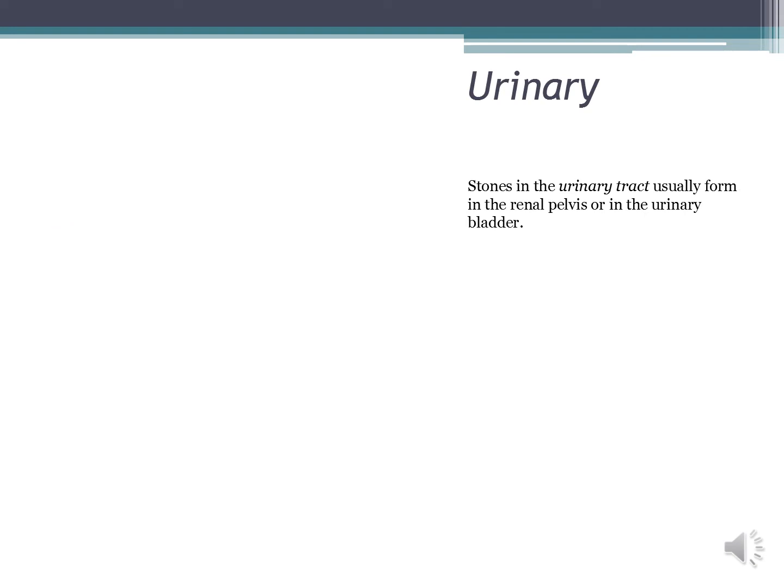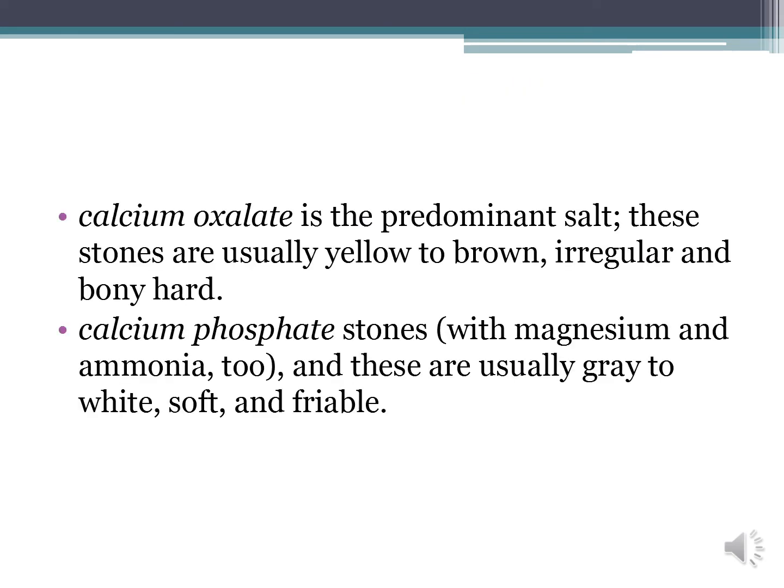Urinary stones in the urinary tract usually form in the renal pelvis or in the urinary bladder. They could be calcium oxalate, which is the predominant salt. These stones are usually yellow to brown, irregular, and bony hard.